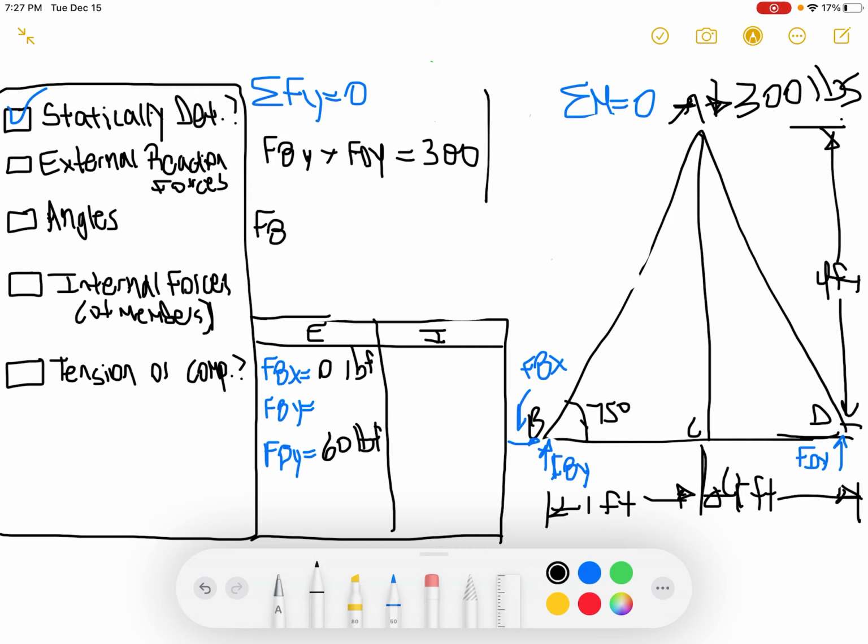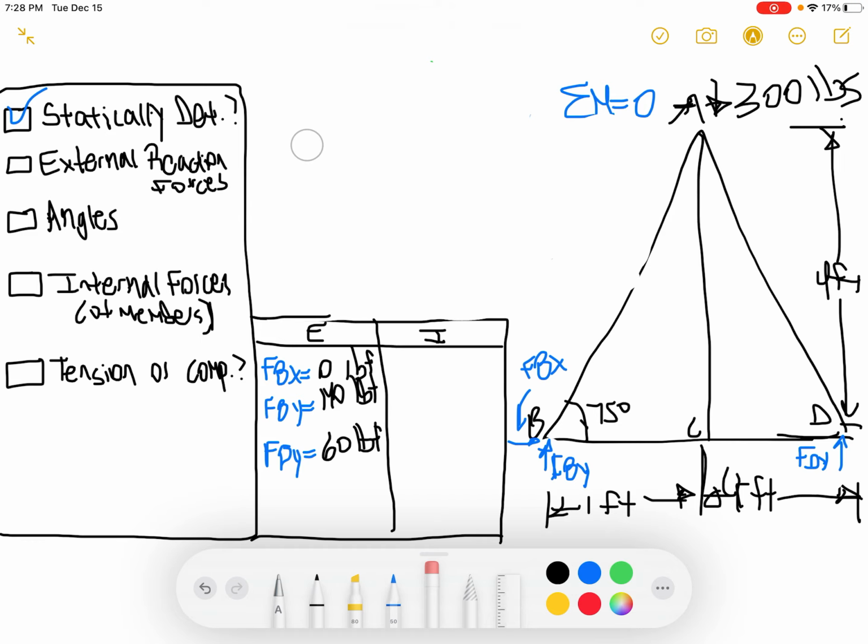So that means FBY plus 60, we're substituting FDY, equals 300. Subtract 60, and you find out that FBY is 140 pounds of force. Yay! We found all the external forces, and now we can move on to the third step.